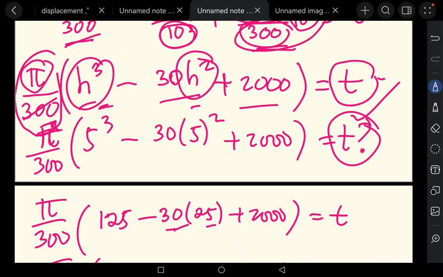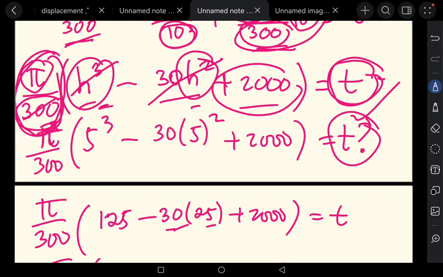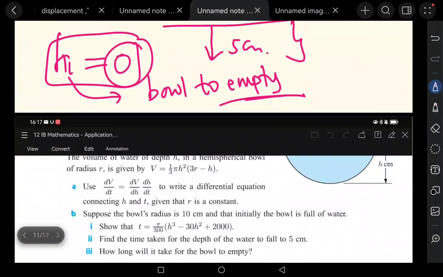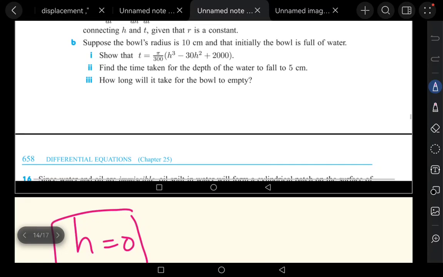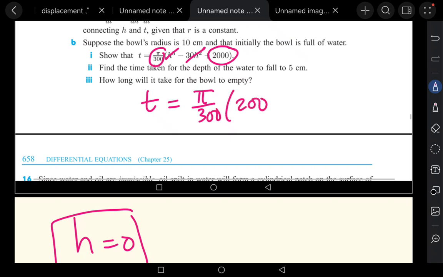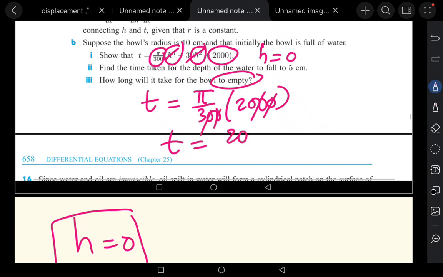So you just have this pi over 300 times 2000, because the height is empty. So the time is pi over 300 times 2000. Now cancel, 20 pi over 3.